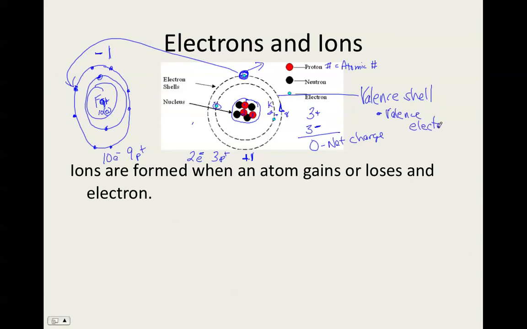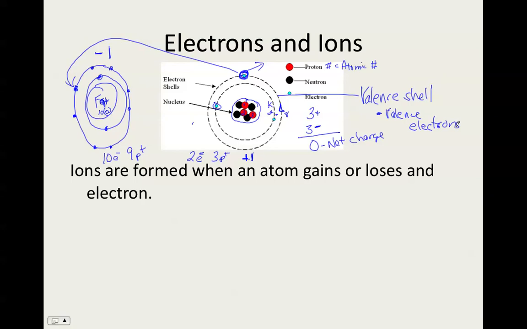So if anybody ever asks you how many valence electrons a lithium atom has, you look to the outermost shell and count the number of electrons there. In this one, you'd have 1. In a neutral atom of fluorine, you would have 7 valence electrons, so 7 electrons in the outermost shell, 9 overall.